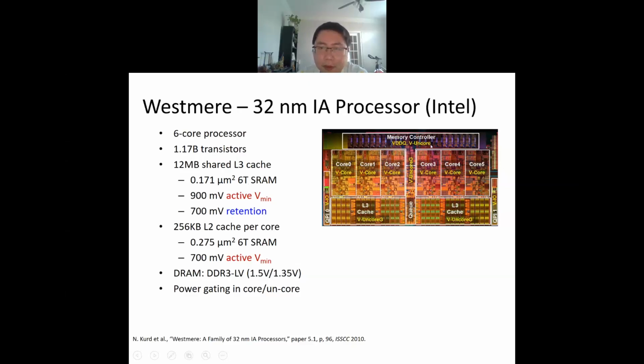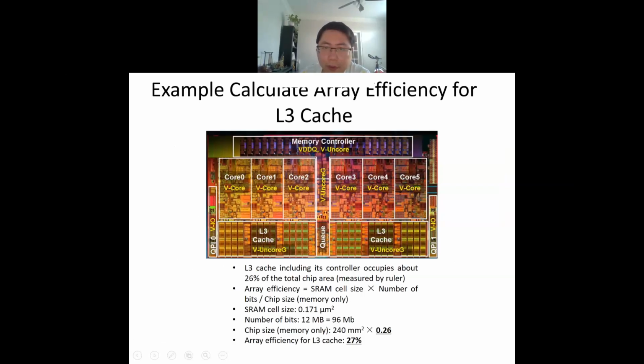So this is the processor, and here we are going to do a practice, that is to estimate the array efficiency for the L3 cache. So how do we do that? Here we are asking the array efficiency for the L3 cache.